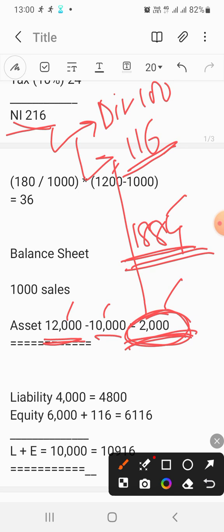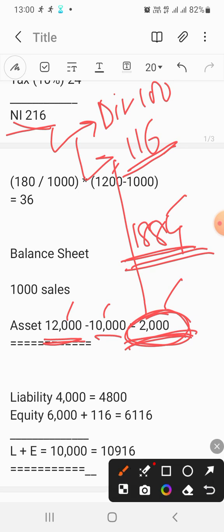But the question is, I also know that I have a spontaneous liability which will increase automatically. My equity has increased 116. And my liability will increase to this amount.